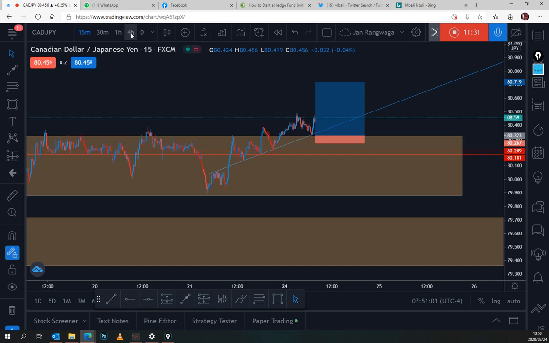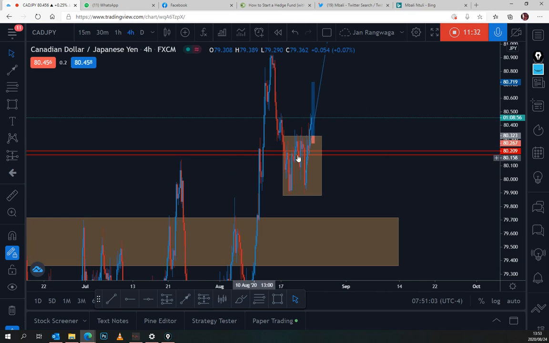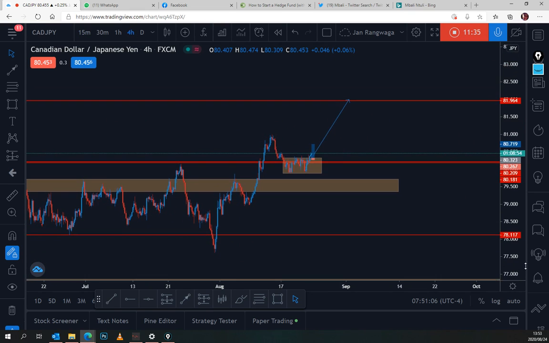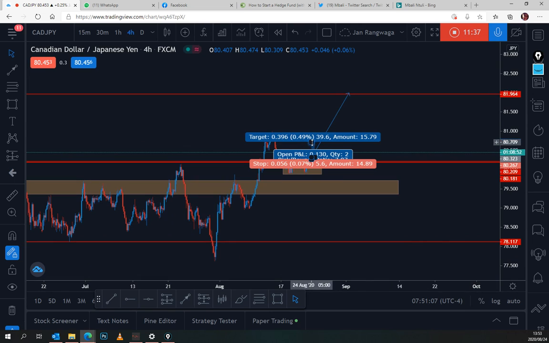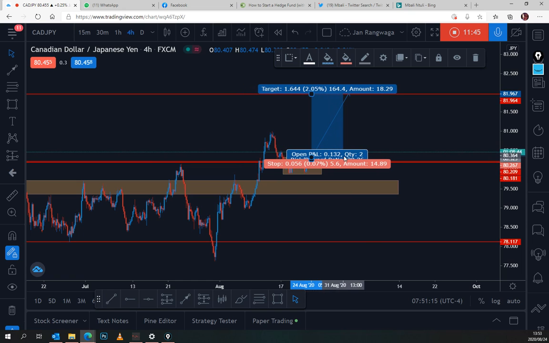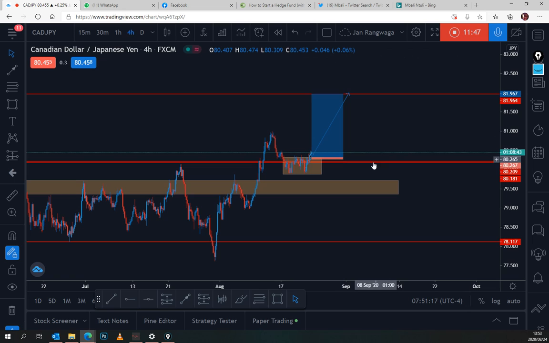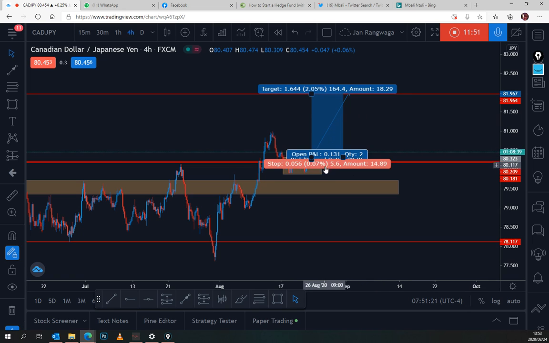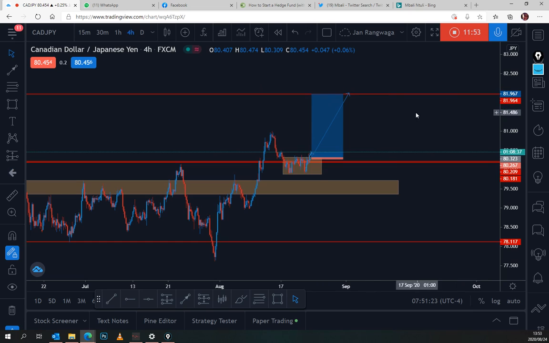Then we go back to our 4 hour time frame. I'm going to take this to there. There we go. Then we know that we are risking this small for this much.